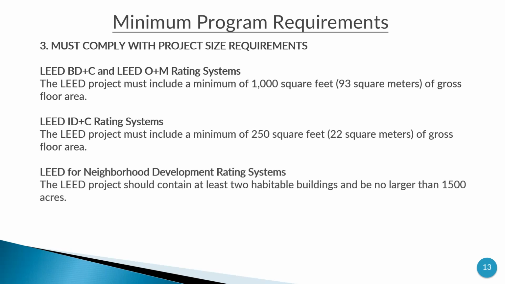Third point, it must comply with project size requirements. What are the project size requirements? We have seen this in GA also. LEED BD plus C and O plus M, it is 1000 square feet of gross floor area. For ID plus C, it is 250 square feet of area. For the LEED for neighborhood development rating system, it is at least 2 habitable buildings and no larger than 1500 acres.